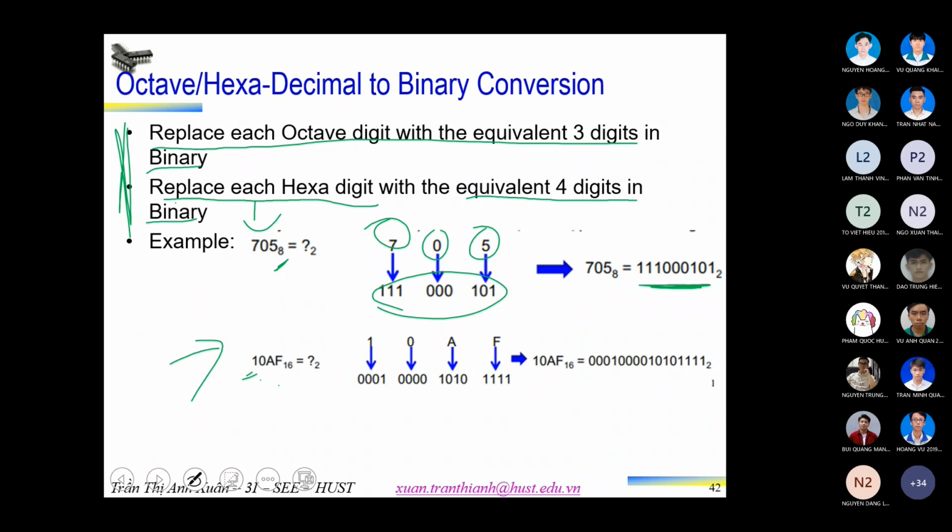And finally, the 1 digit in hexa is equal to the group of 4 digits 0001 in binary. So we combine 4 groups, and we have the binary conversion. You can see here. This is easy.